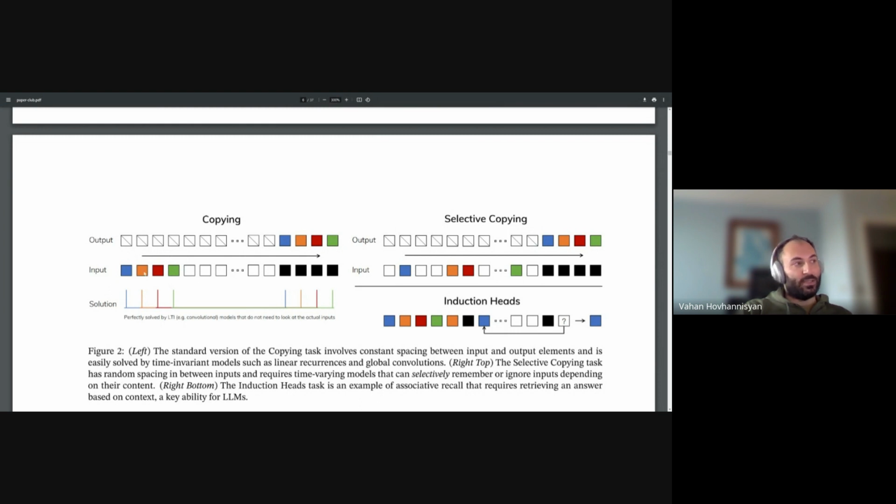The key is that those points are equally distant, so the linear model is able to learn how to copy this. But as soon as you add spaces between them, the model can't learn that because it doesn't know the difference between inputs. It only knows positions.